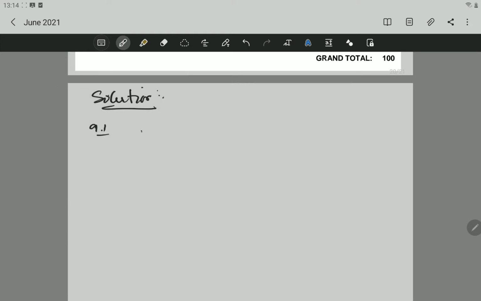But first, Kc. How do we calculate the Kc? It is the concentration of product divided by the concentration of reactants. Remember, the square bracket means concentration.